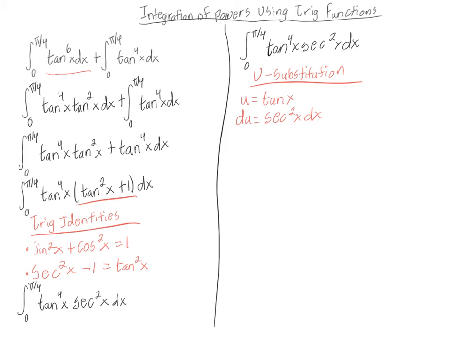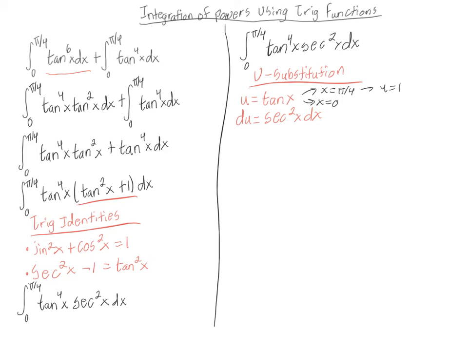We also change our limits of integration. As x equals pi over 4, u equals tangent pi over 4, that equals 1.